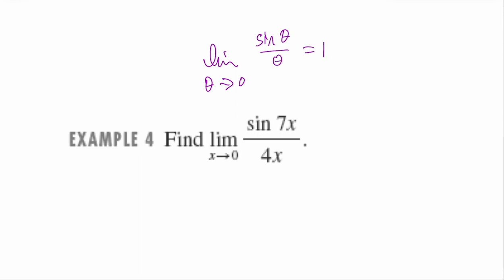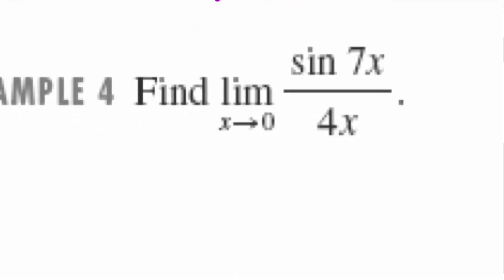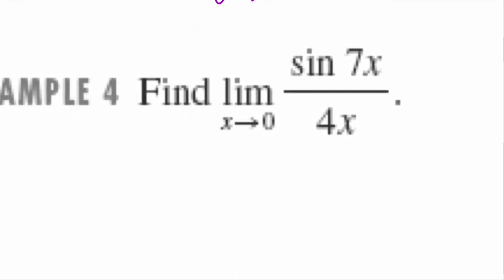What you do here basically is you manipulate it so that you can find how it relates to 1. And here's the trick. See how there's a 7 right here, but there's not a 7 down here? You're going to multiply both top and bottom times 7. We're just going to trick it.